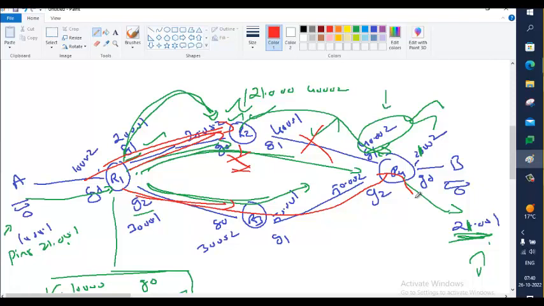If it is dynamic routing protocol, as soon as this link goes down, immediately this path will be removed from the routing table on R1. So if you're 100% sure that my links will not break, everything is in control, then you go for static route. That too in a small network.